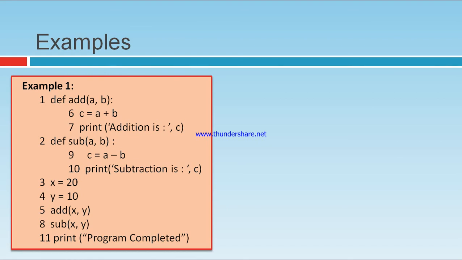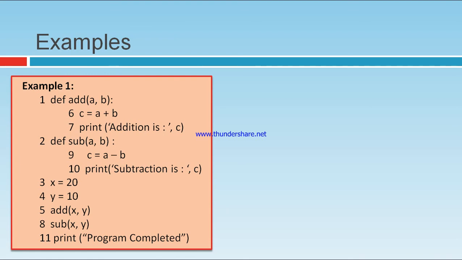The computer directly jumps towards the add function and copies the value of variable x into variable a. Just see the calling statement and see the add function header, right? The value of x is copied inside the variable a, the value of y is copied inside the variable b, and here the function calling statement will call the function add.